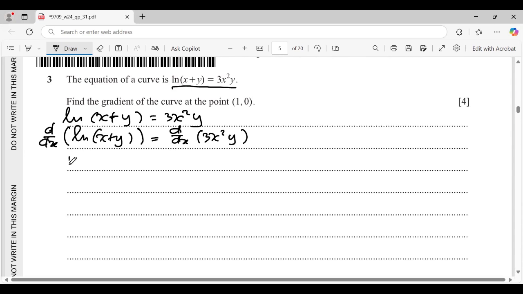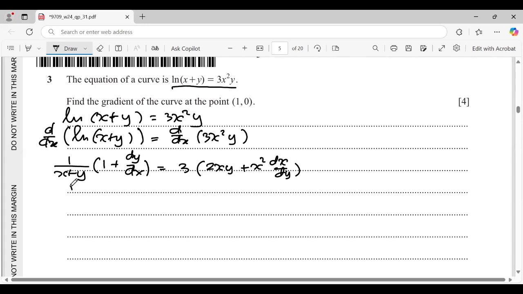So it's going to be 1 over (x plus y) times (1 plus dy/dx) equals 3 times (2xy plus x squared dy/dx), like this.